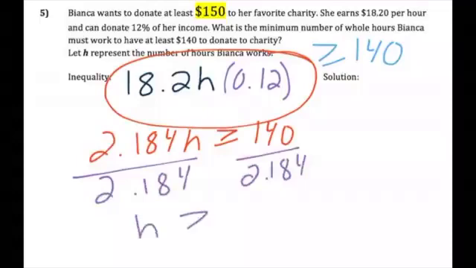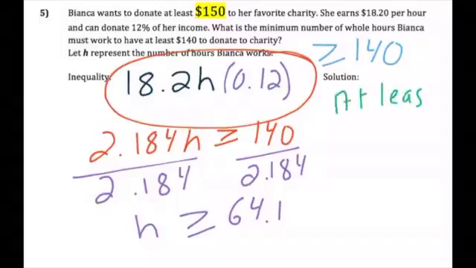And H is greater than or equal to 64.1. So my solution is at least 65 hours. That's the minimum number of hours that she can work to have at least $140 to give to charity.